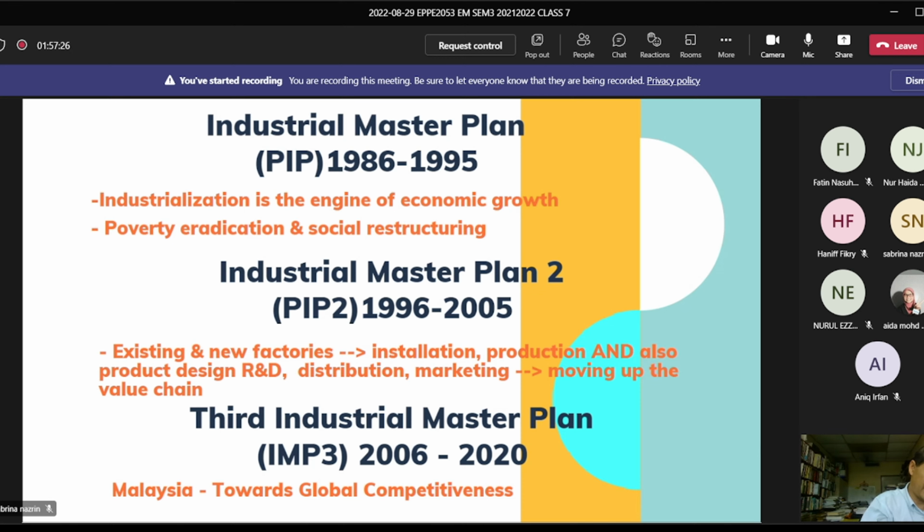Because of that recession, Malaysia learned that it needed to diversify its export base from commodities to manufacturing. That doesn't mean commodities are not important. They are important, but now manufacturing.